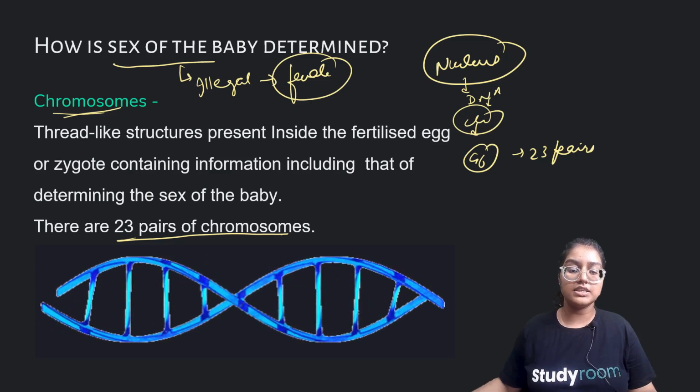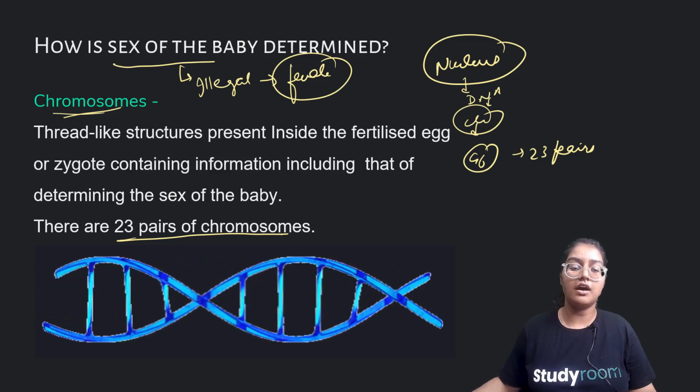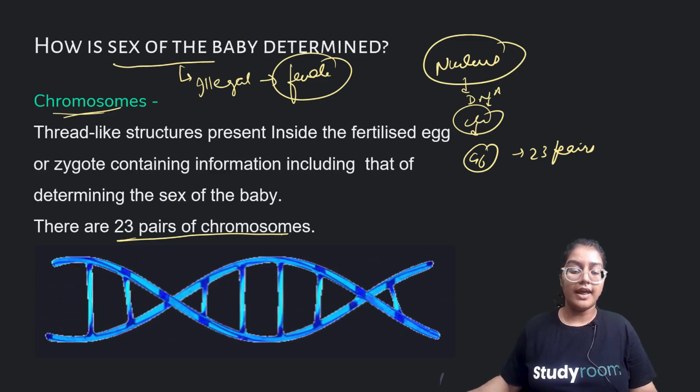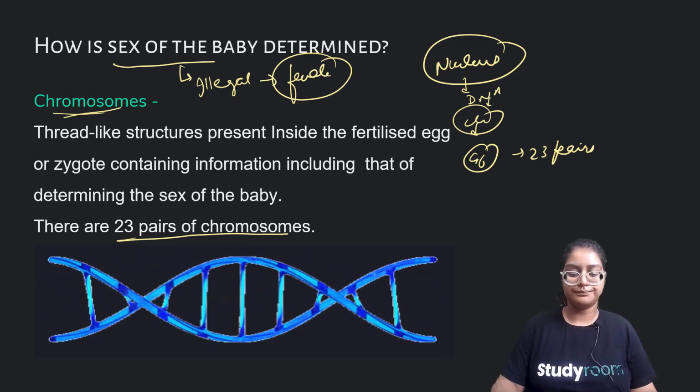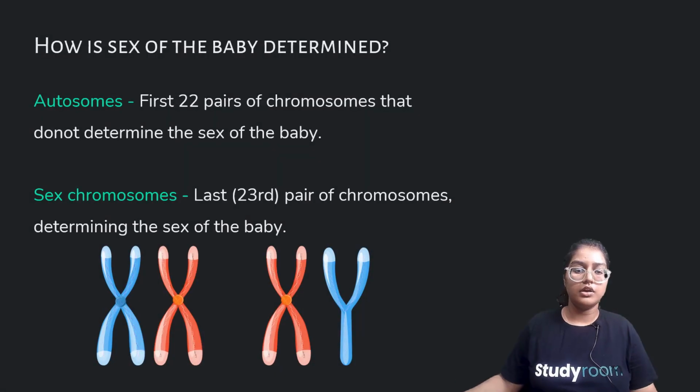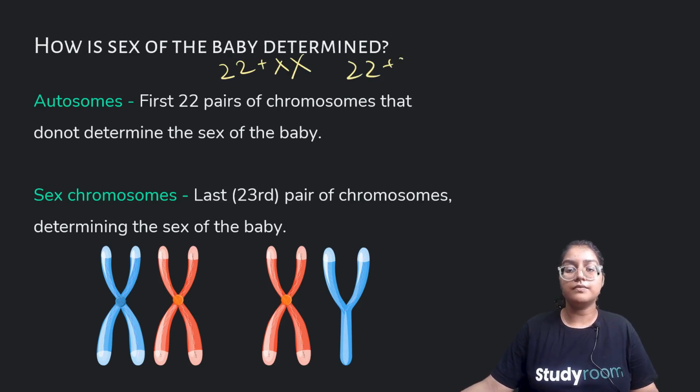You can see this is the structure of DNA. It's a double helical structure and it has chromosomes in it. In females we have 22 pairs plus XX, and in males we have 22 pairs plus XY.